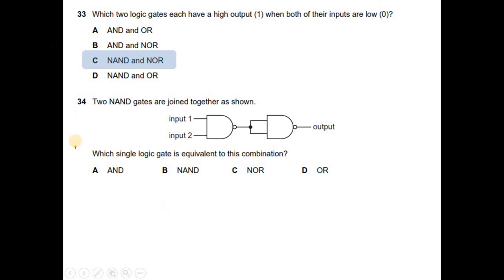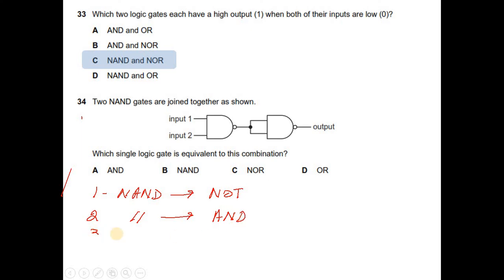If you are using only one NAND gate, then one NAND gate is in fact a NOT gate. The truth table of a NAND gate and the NOT gate is the same. If you are using two NAND gates, then it gives you the truth table of AND.